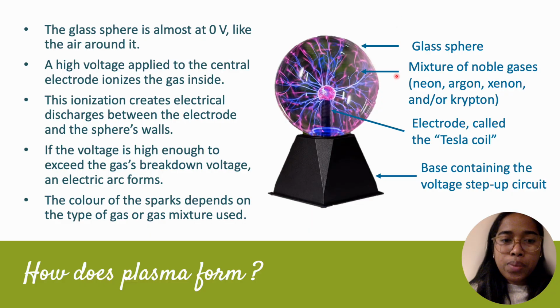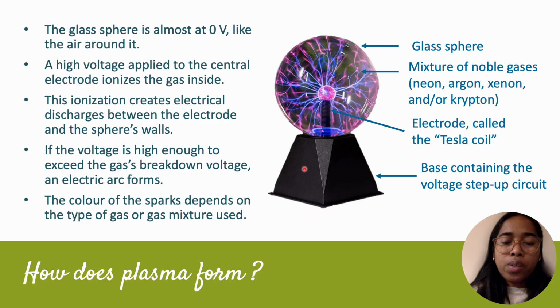So how does it work? The glass sphere is almost at 0 volts, like the air around it. A high voltage applied to the central electrode ionizes the gas inside, and this ionization creates electrical discharges between the electrode and the sphere walls.